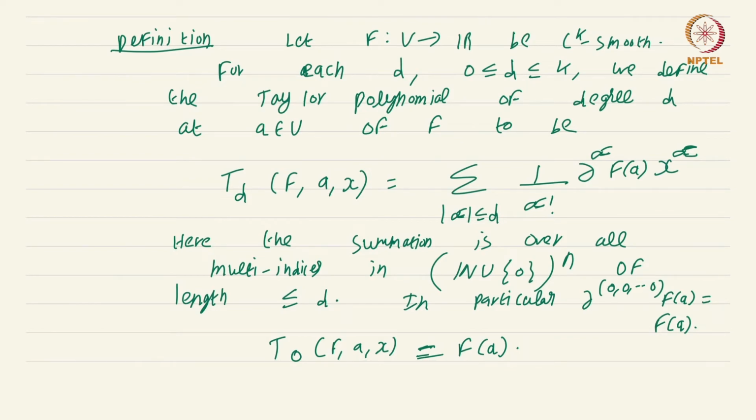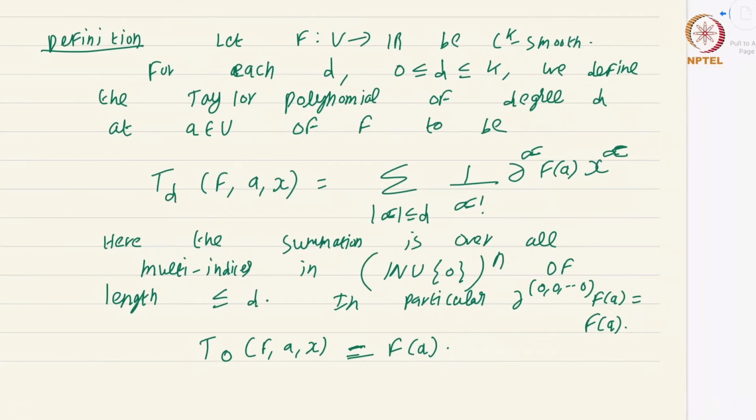Okay. So these Taylor polynomials give the best polynomial approximation of the given function, and that is the content of Taylor's theorem. Let f from U to R be C^k smooth.